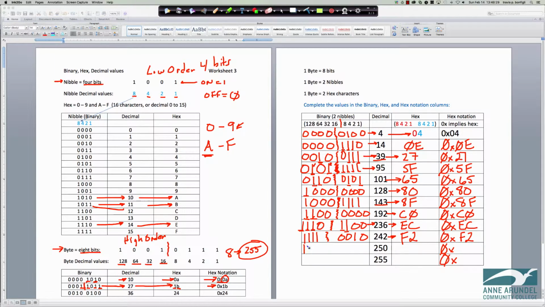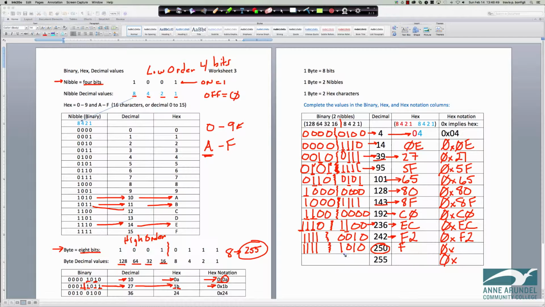And then we've got 250. Well, we know 128 plus 64 is 192. Plus 32 is 224. Plus 16 is 240. Plus 8 is 248. Well, if I'm at 248 and I need to get to 250, I only need 2 more. And everybody else will be zeros. So again, the all ones makes it easy for us.